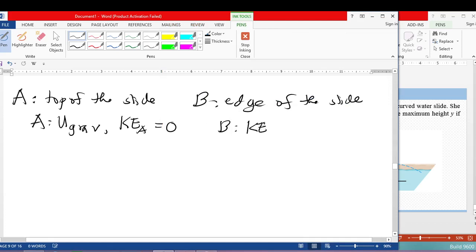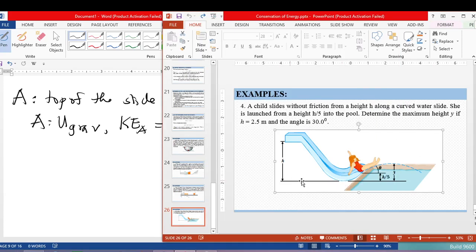So, naa siya kinetic energy at point B, pero wala siya gravitational potential energy. Assuming kining reference level here, ang height is equal to 0. Okay?